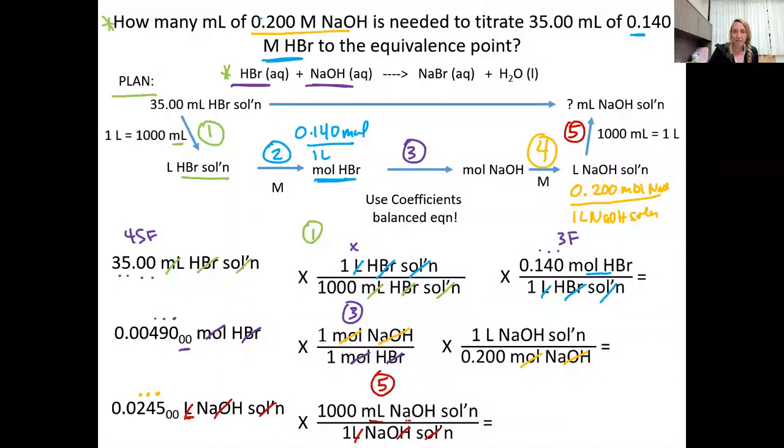And I'm left with milliliters of sodium hydroxide solution, which is what my problem asked me for. I move my decimal place over 3, I multiply by 1,000, and I get 24.5 milliliters of sodium hydroxide solution.